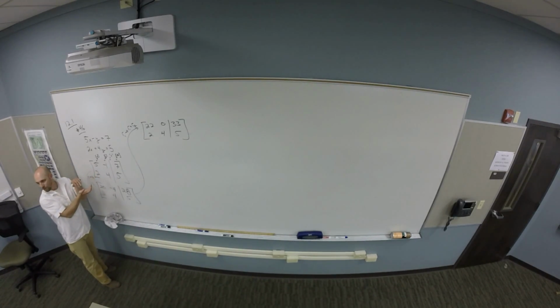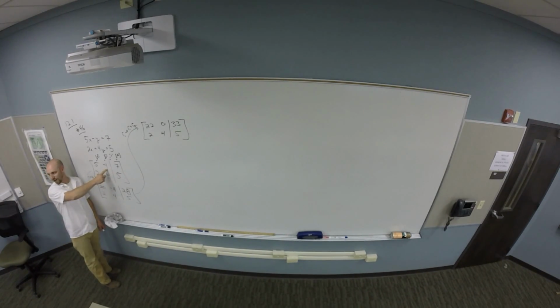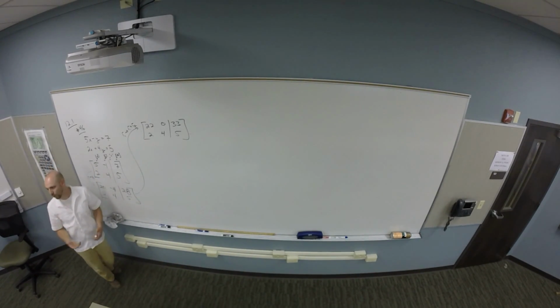So -4 and 4 makes 0. I saw a negative, and I thought I could squish those together, which would be pretty easy. There are other options, right? I could have put a 0 here by multiplying this row by -5 and the top row by 2, and then squishing those together. You get a little choice here.